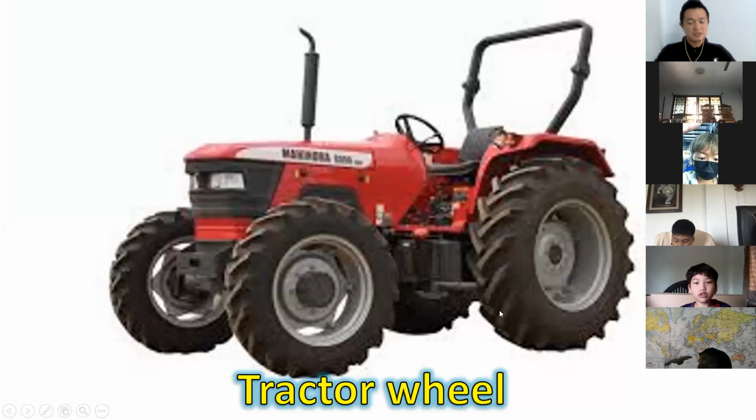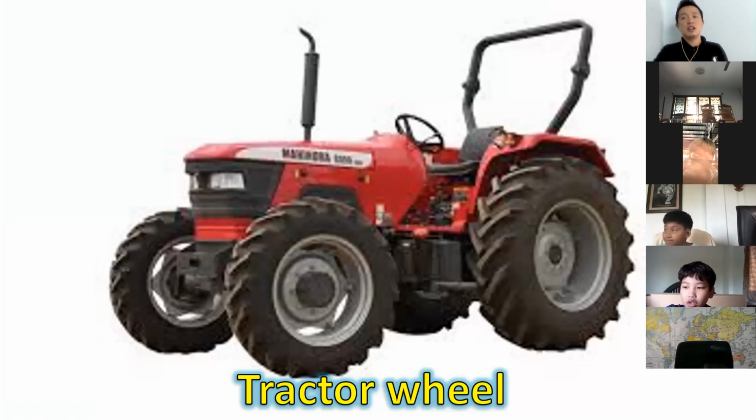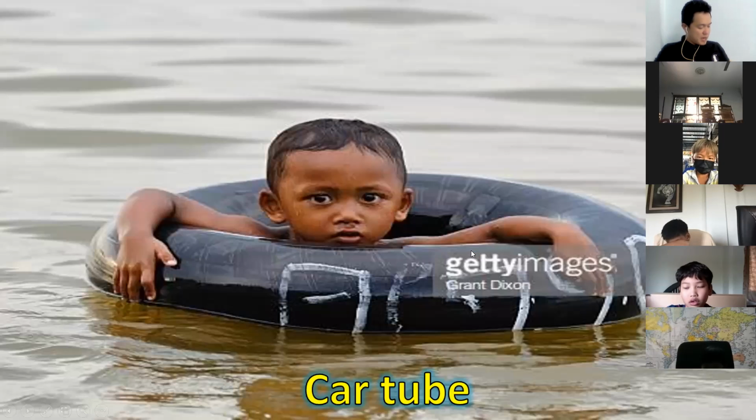The rubber tires of a truck are stronger and they can support heavy weights because of some chemicals added to the natural rubber. Next, a car tube is made of rubber, and the properties of rubber include that it can float on the water.